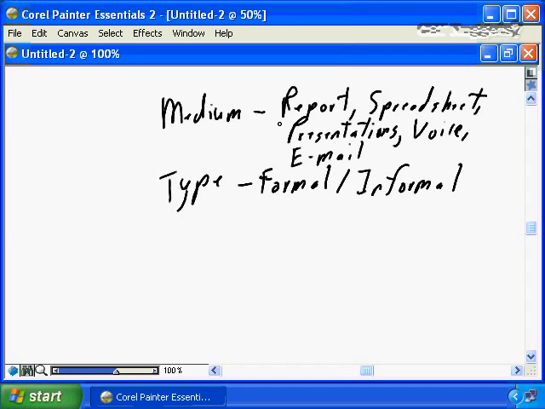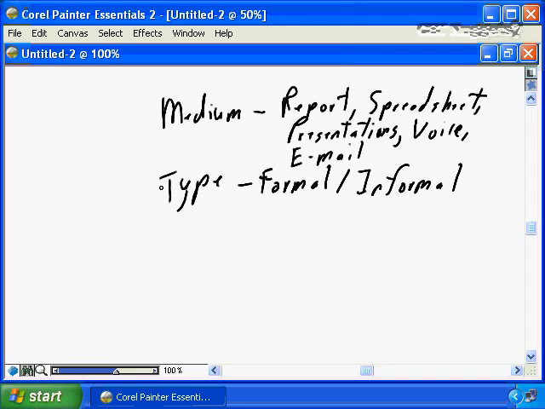Informal communication, often voice or email, is going to be more appropriate. Again, pick the appropriate style, pick the appropriate type of communication strategy to ensure that the message you want to deliver is being delivered and that it's being delivered in the appropriate format to ensure that the information is received, understood, and reusable by your receiver.